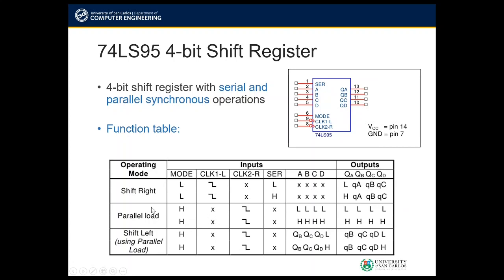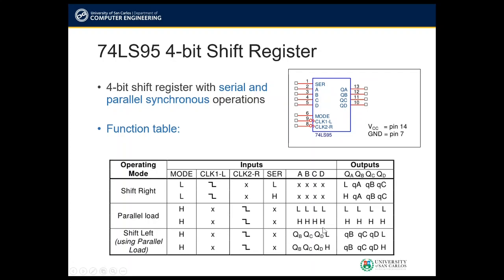So the only way we can support shift left in this kind of IC is to use the parallel load configuration. So what we do is we take the parallel load configuration, which is mode is high. The clock inputs, we can just tie them together. The serial input is don't care. And what we do here is we manually connect the output of the flip-flops to our parallel inputs.